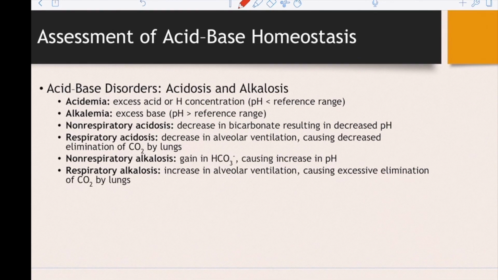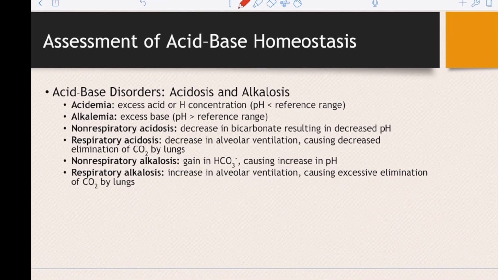Okay. So just really quickly, we're going to touch upon this just so that you know why this is so important, and then we'll go back into the acid-base balance. Just really briefly, some of the acid-base disorders that we're going to come across are usually categorized into acidosis or alkalosis.